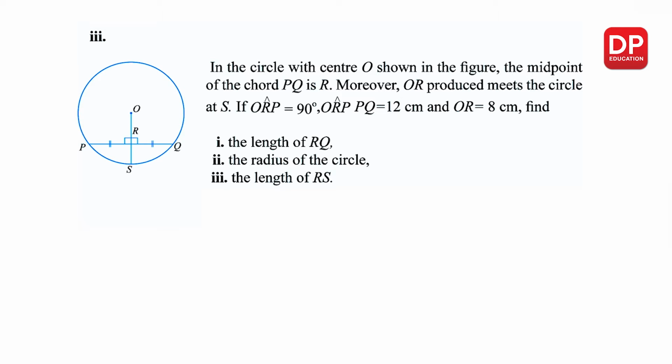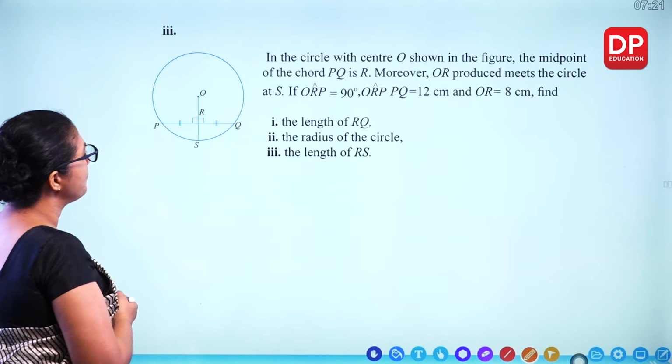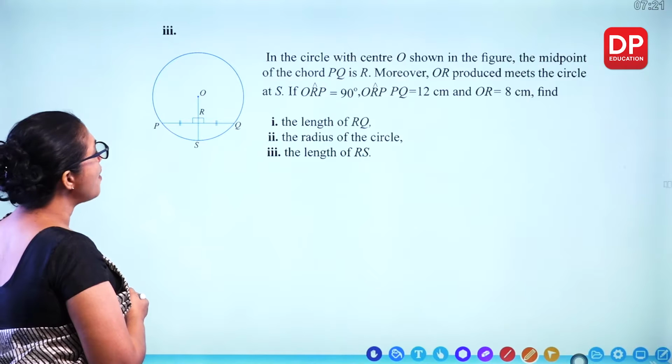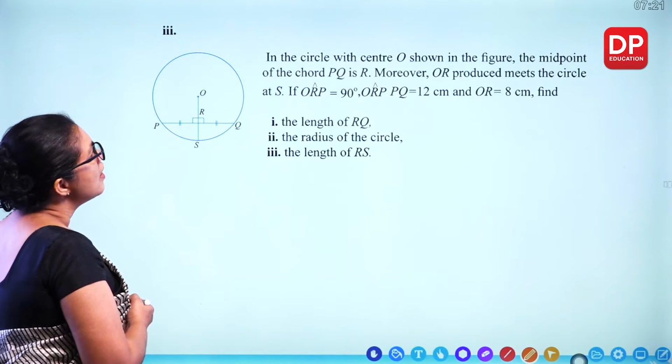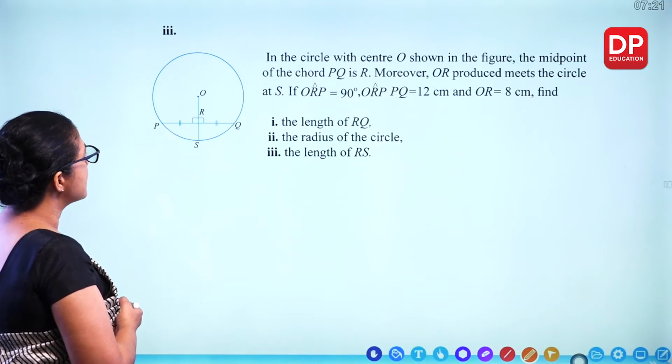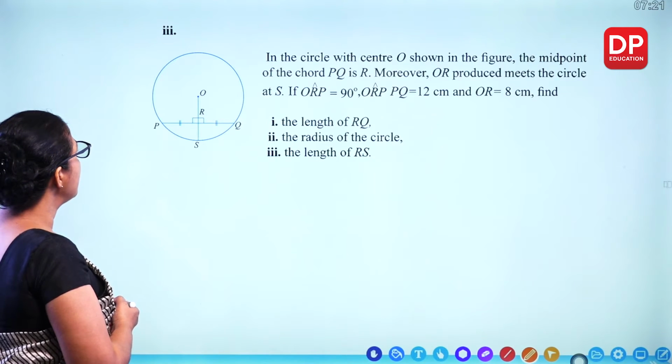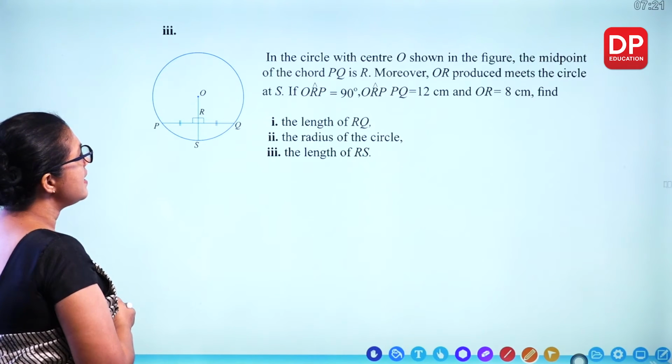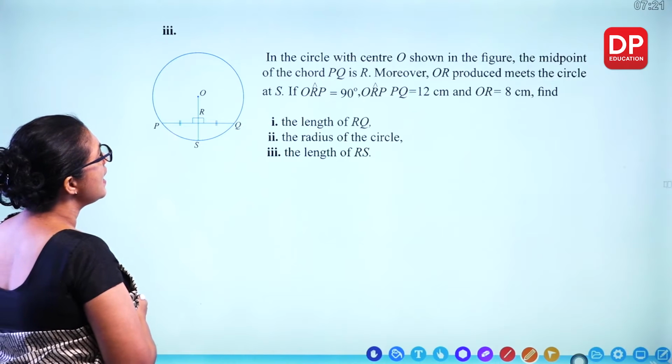Part 3. In the circle with center O shown in the figure, the midpoint of the chord PQ is R. Moreover, OR produced meets the circle at S. ORP is 90 degrees.